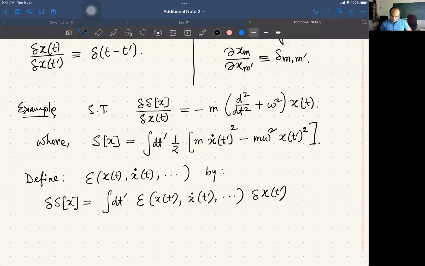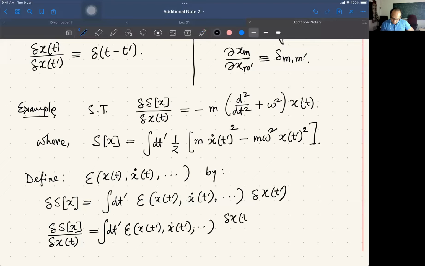That is how you define E. If this is the expression, then delta S over delta x(t) will be given by the integral dt' E times delta x(t') over delta x(t).